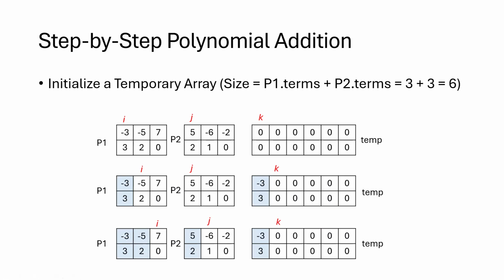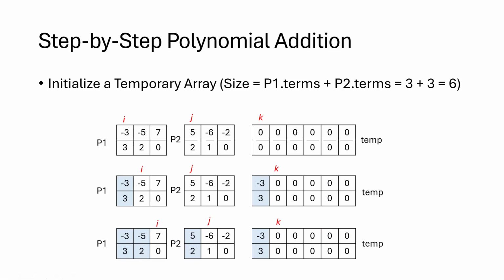So that means now we can perform the addition. So we have to consider the coefficients. In my P1 polynomial, the coefficient is minus 5. In my P2 polynomial, the coefficient is 5. So whenever we perform the addition, we will get 0.